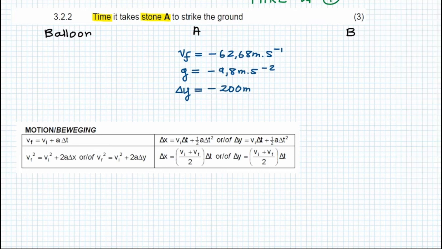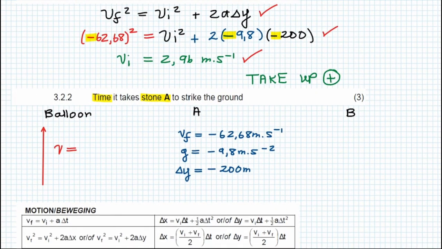We now know that the balloon, which is traveling at a constant speed, has a speed or velocity of 2,96 meters per second. We know that stone A's initial velocity is 2,96 meters per second as well. And we know that stone B's initial velocity is also going to be 2,96 meters per second.